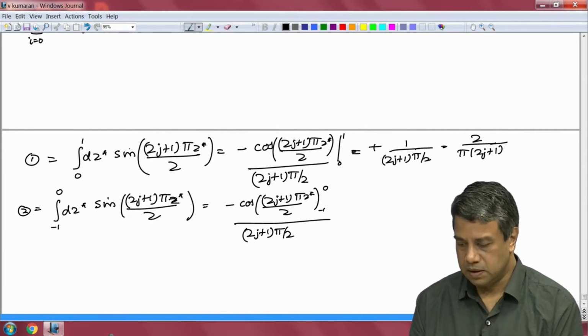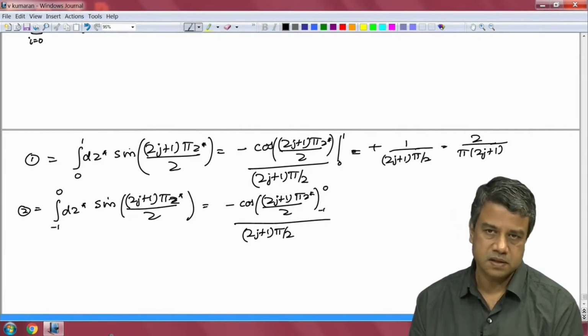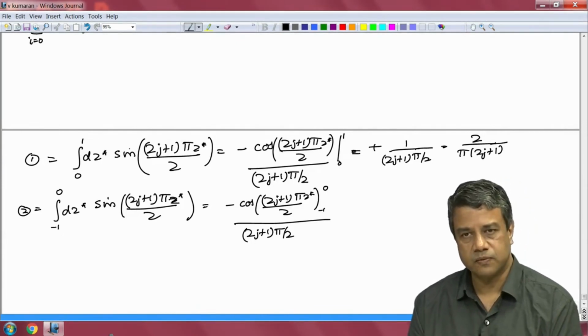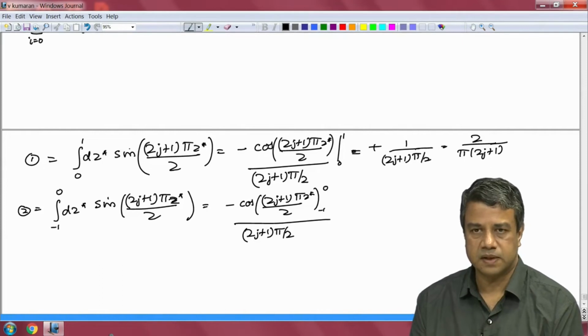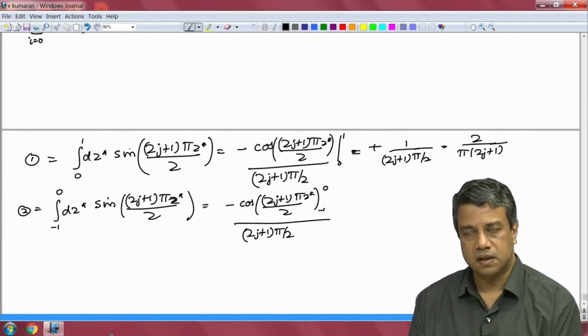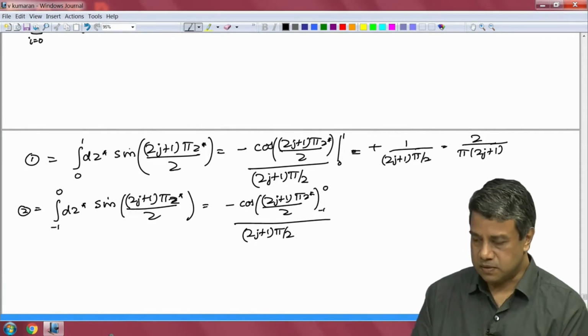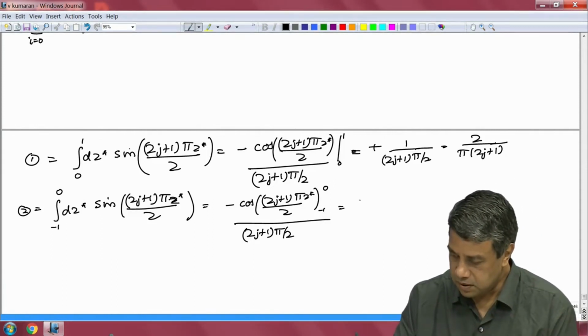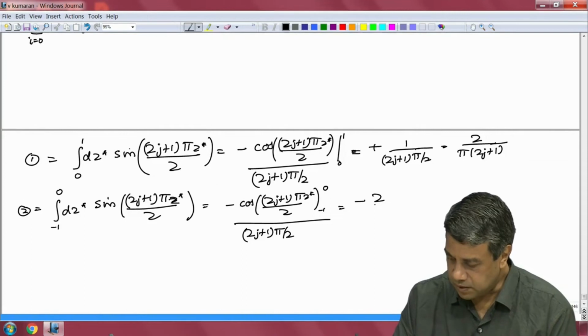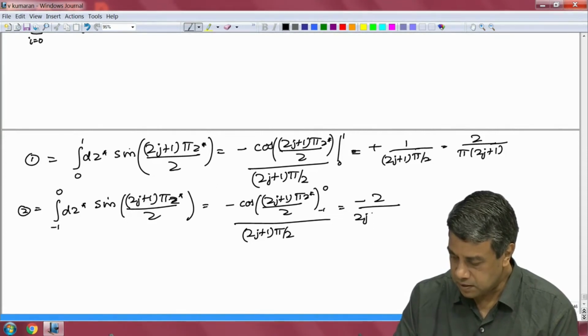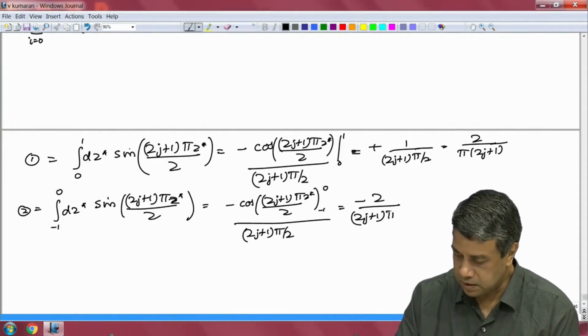Okay. At minus 1 the cos function is 0, for any integer j. Cos function is the same for positive argument as well as for negative argument. Therefore, at minus 1 it is 0, at 0 it is 1. So, this is equal to minus 2 by (2j plus 1) into pi.